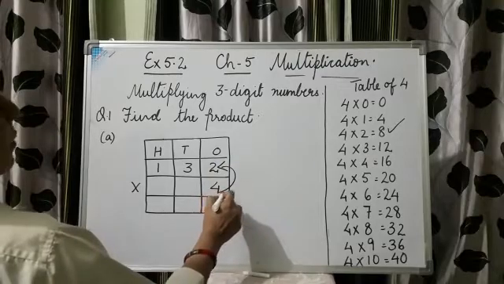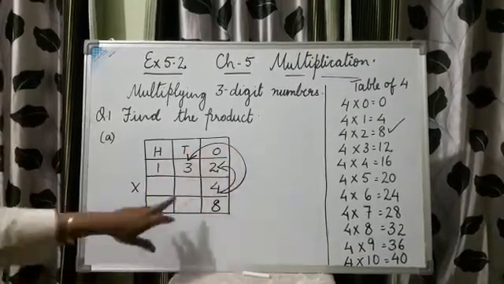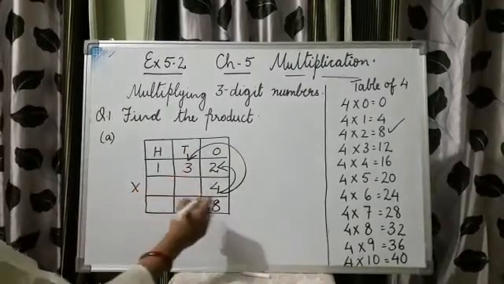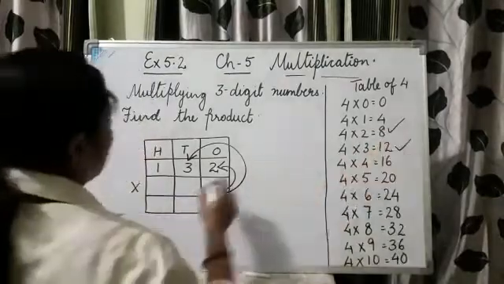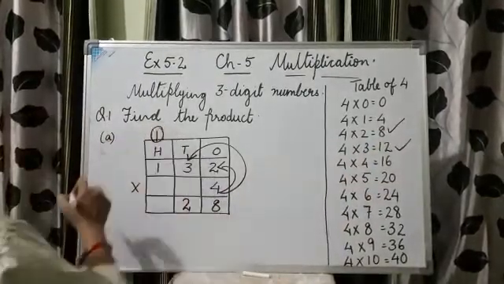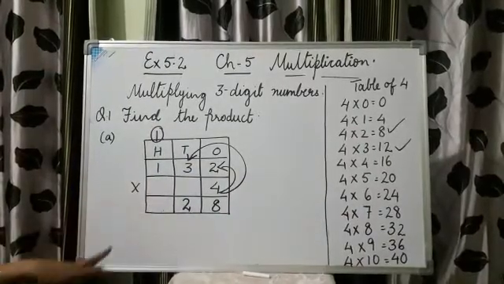Now you will multiply 4 with the second place, the tens place. 4 3s are 12. So you write the 2 here and carry the other digit over to the next place, that is the hundreds place.